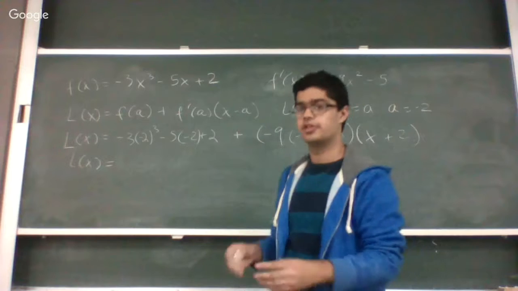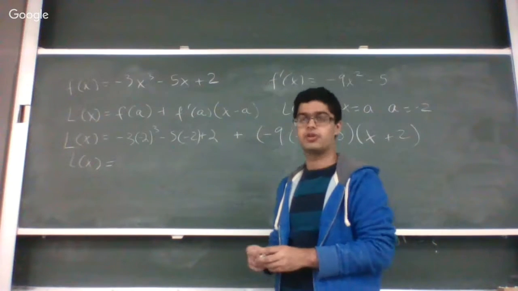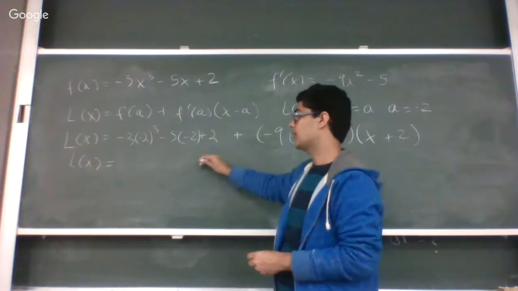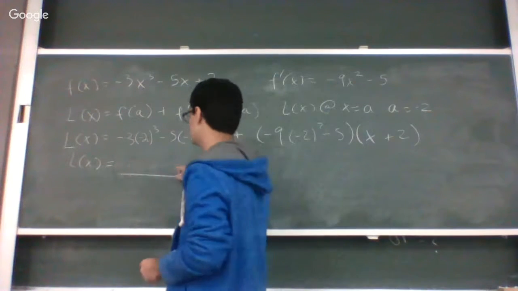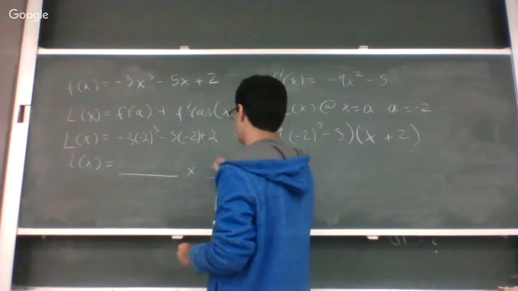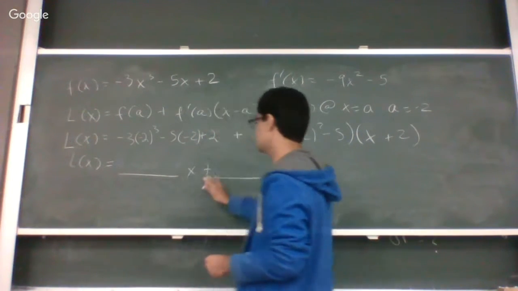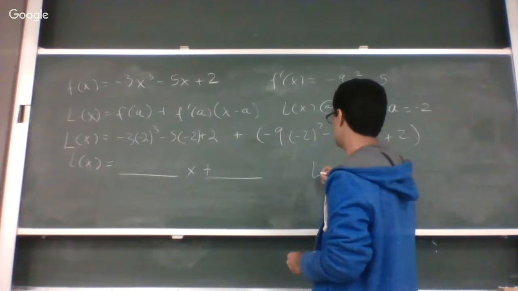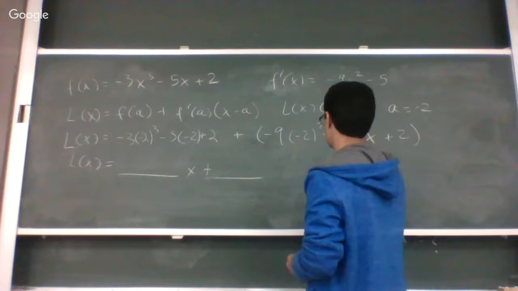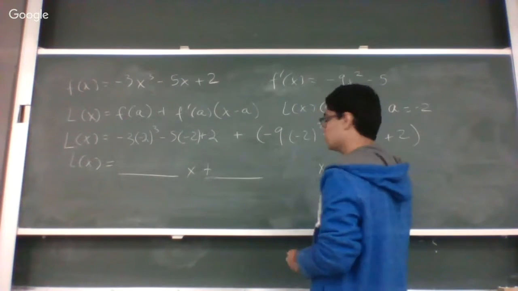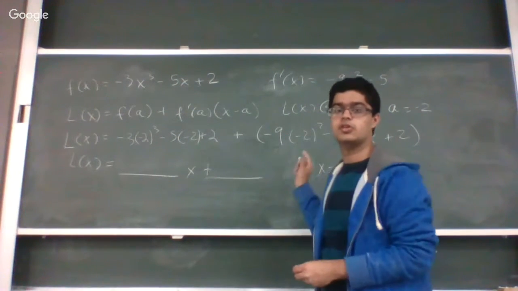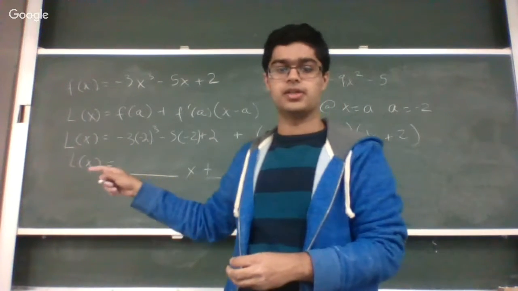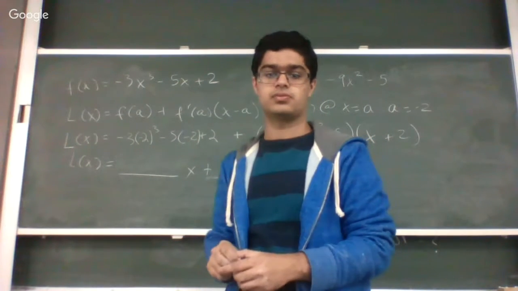So the main idea with linearization is approximation. All right, guys? You will get some equation with an x plus something, right? So if I told you find when x is equal to, say, 4.9 or something, you'd know to put that in and solve it.